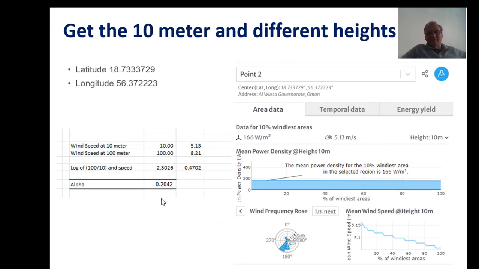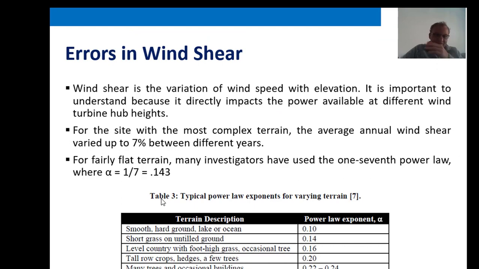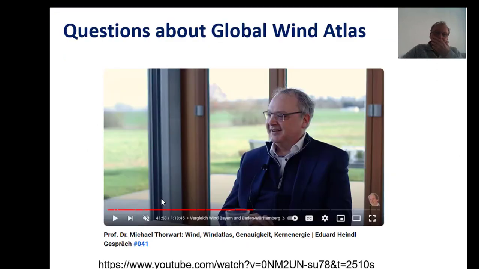And then you have to decide. There are some examples of wind shear a little bit. And then I looked at this video, and Herr Dr. Michel Thowart says that Global Wind Atlas is way overstated.